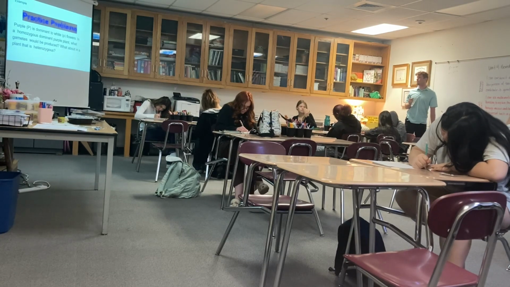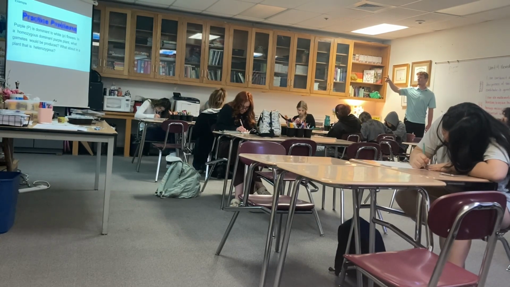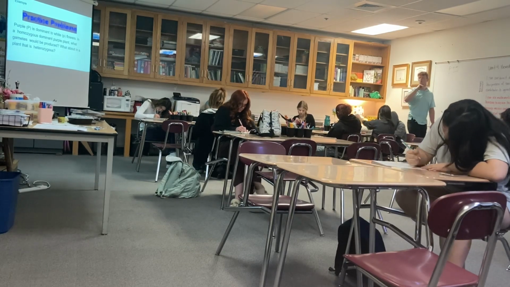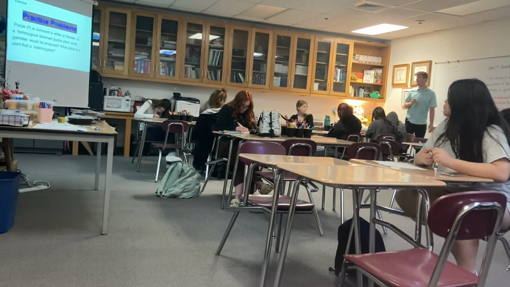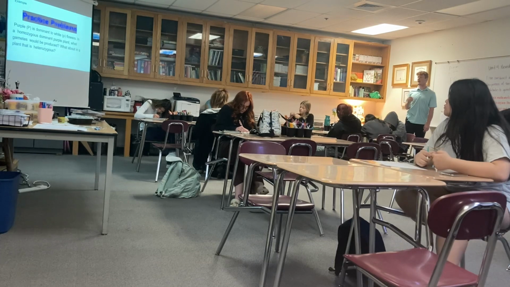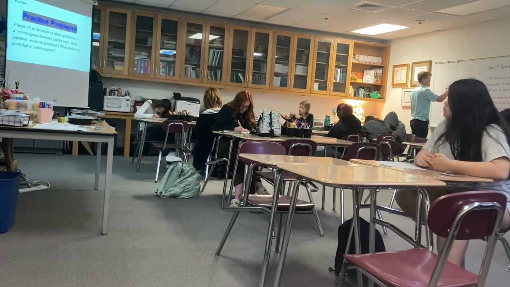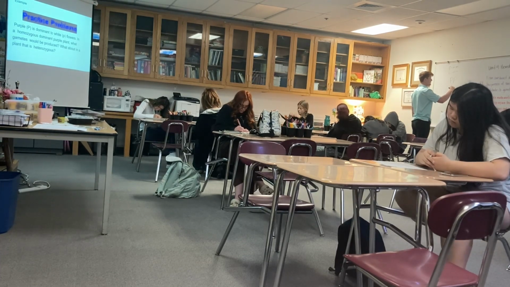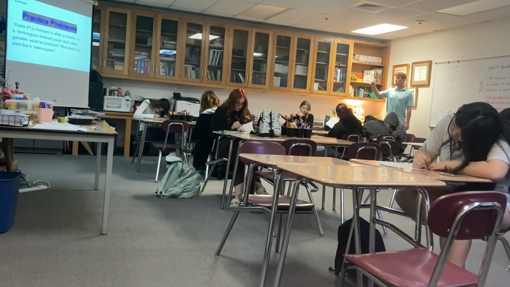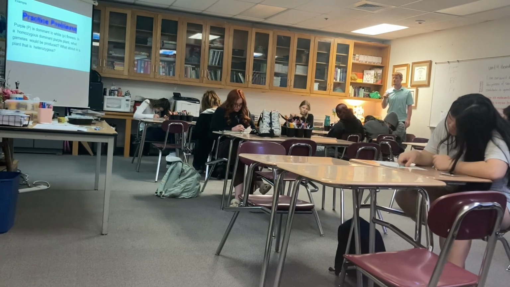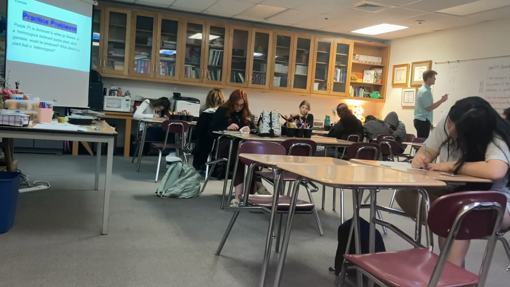Now we want to figure out what genotypes for the parents they're talking about. Homozygous dominant is just 2 dominant alleles, so that's 2 big P's. The next one is heterozygous, which is 1 dominant allele and 1 recessive allele. Now it's asking what gametes would be produced, which is just asking what alleles these parents could potentially give.